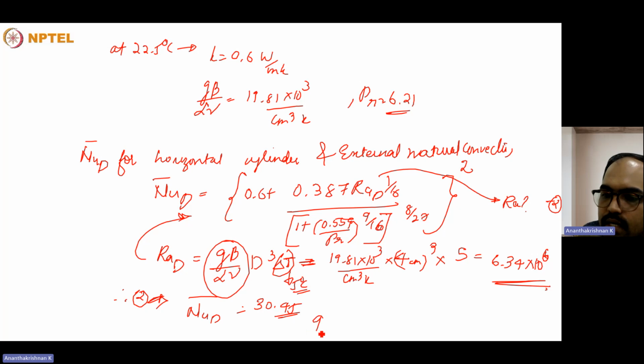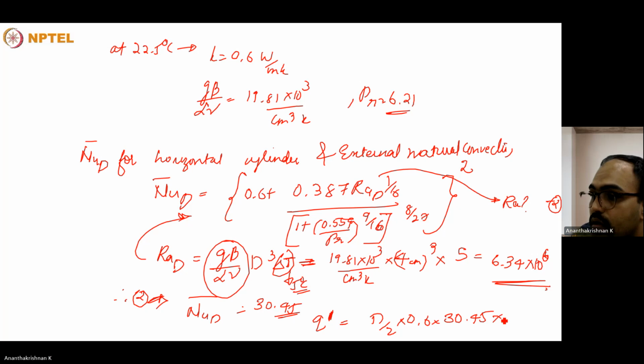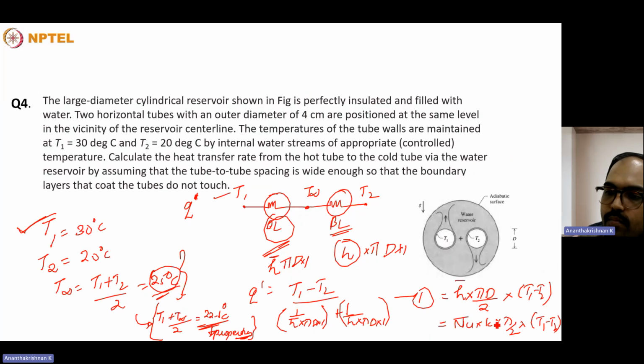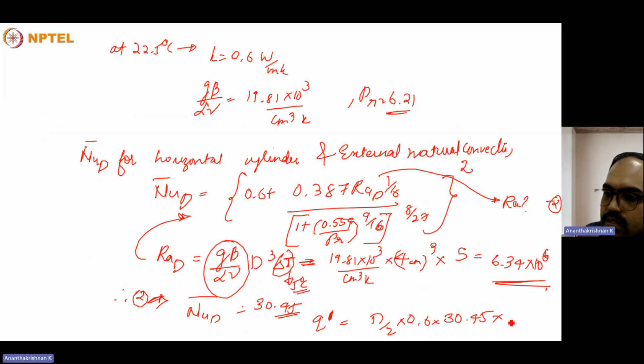Based on that, the heat transfer rate is equal to pi by 2 into 0.6, that is the k for water at this temperature of 22.5, into 30.45, that is the Nusselt number value, and 30 minus 20, the temperature difference between the first and the second tube surfaces. So that is 10. So you get the heat transfer rate equal to 287 watts per meter.